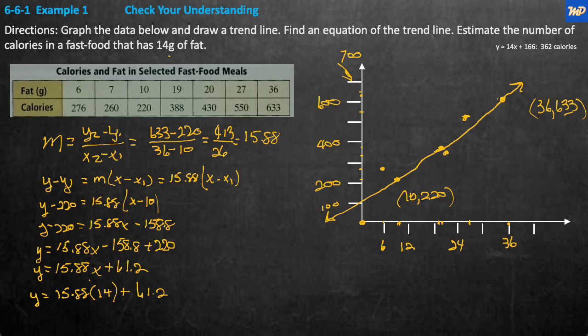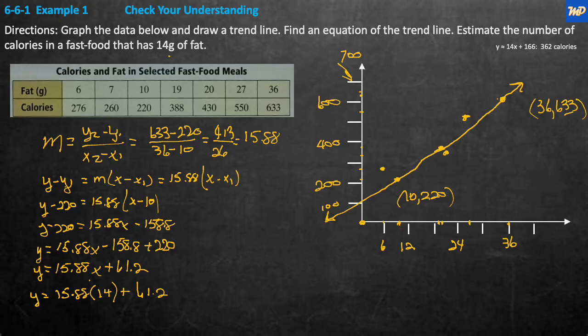And so we're going to calculate 15.88 times 14. Wait, hold on, my calculator. 15.88 times 14 is equal to 222.32.